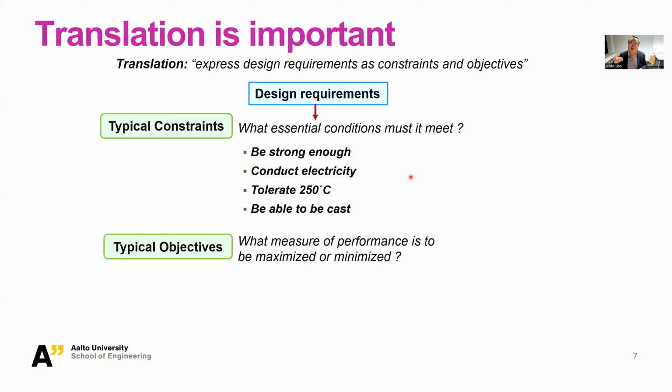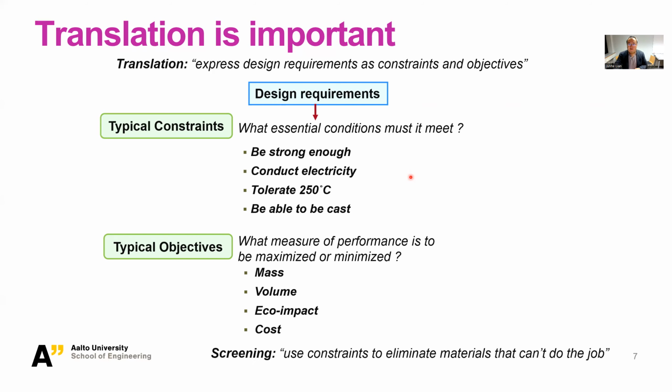So how could we maximize or minimize the performance measure? Typically, they are related to mass, volume, eco impact, or cost. For mass, in 99% of cases we're pursuing the lighter the better. The same applies to cost, so it's also the cheaper the better.